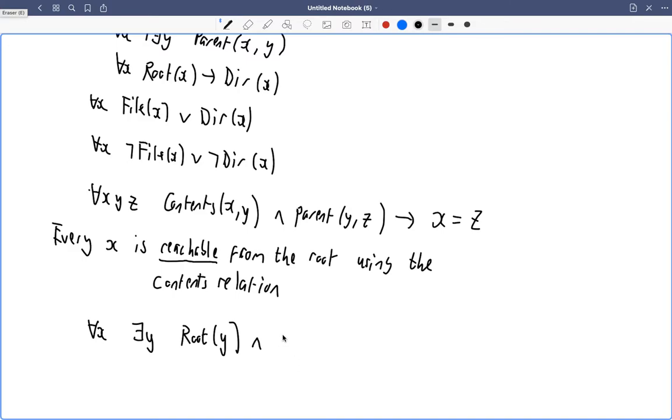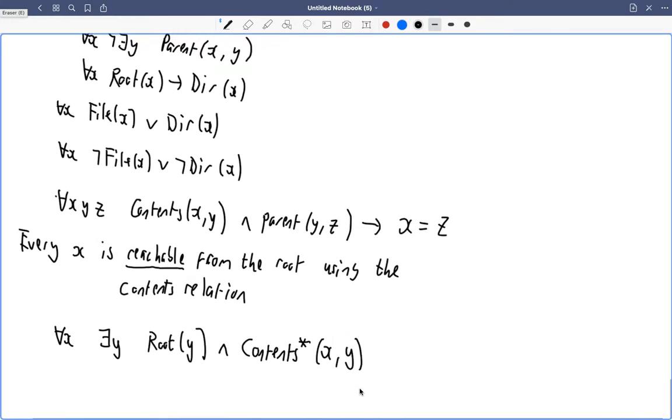And to do that, I'm going to do something that I can't really do in predicate logic. I'm going to write content star x, y. And this is again notation for y is reachable from x along the contents relation.